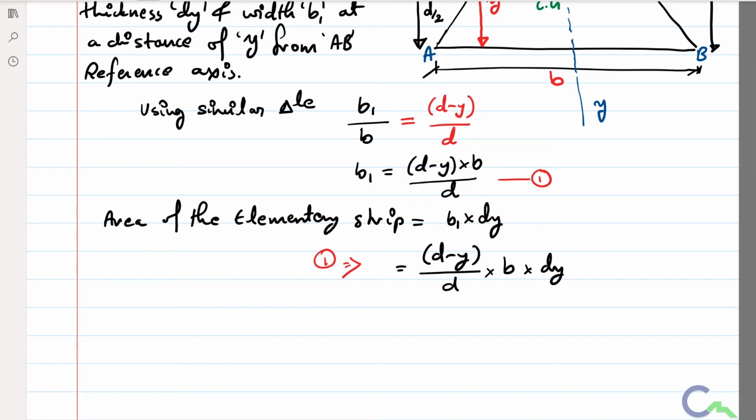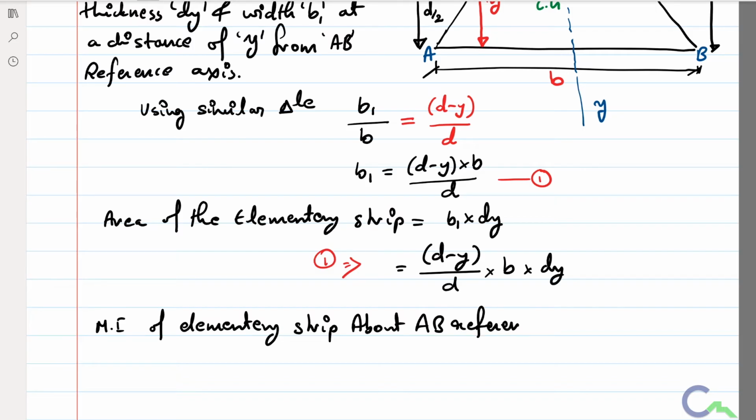Now I want to find the moment of inertia of the elementary strip about the AB reference axis. I can take the area of the elementary strip into distance square.